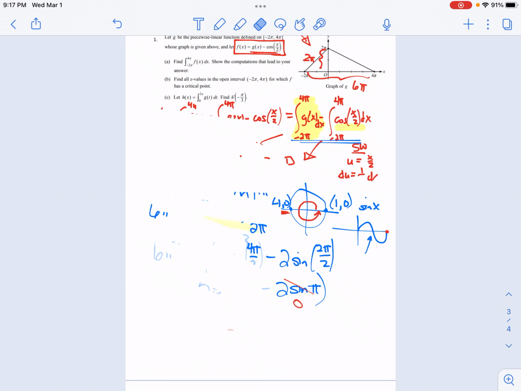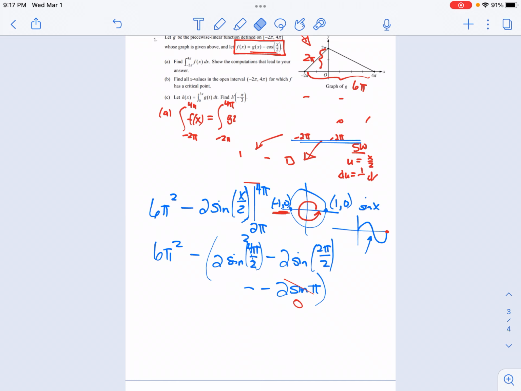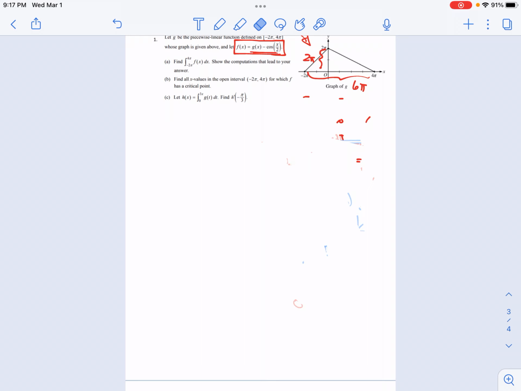Part B says find all x values in the open interval for which f has a critical point. So, critical points. What's going on? A critical point is where the derivative is 0 or undefined.